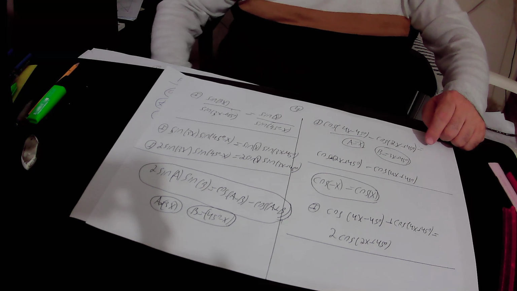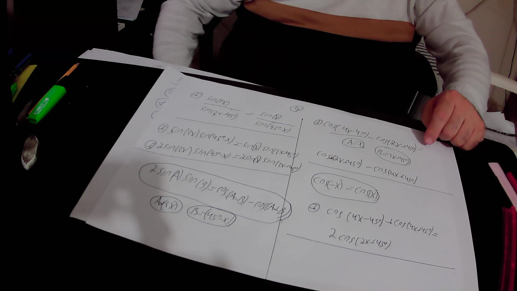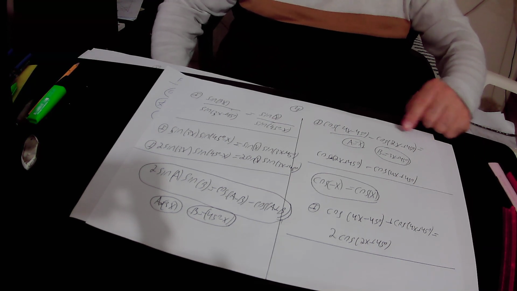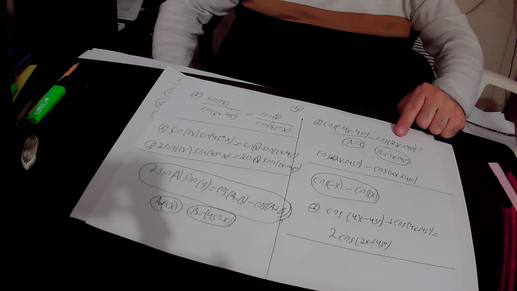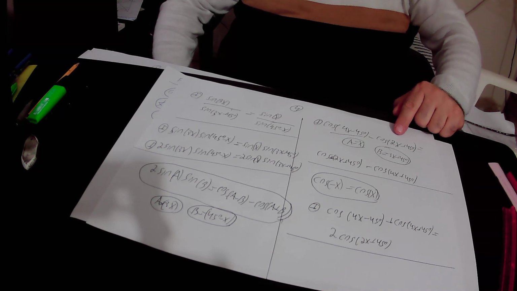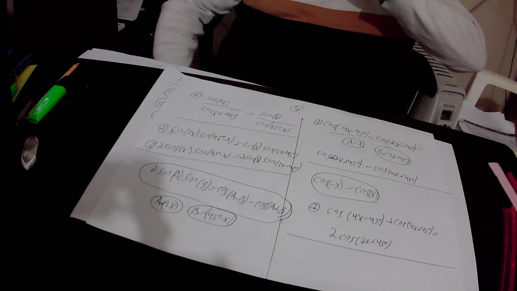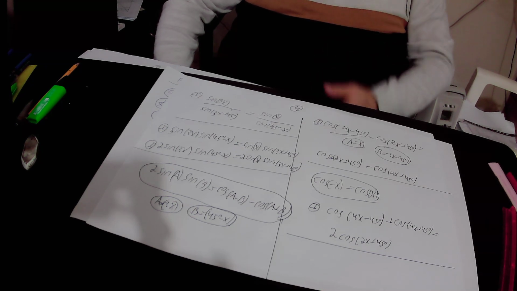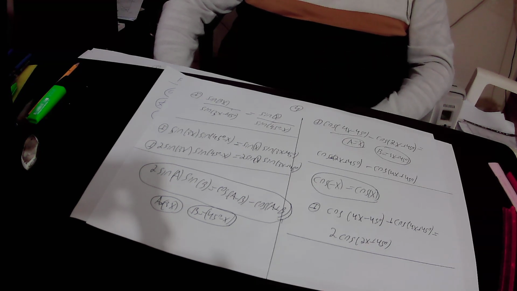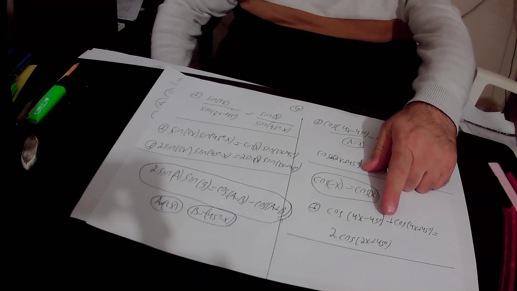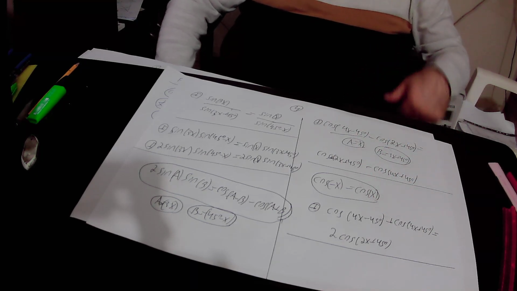We added to this equation number 1 cosine 2x plus 45 degrees, so this will be cancelled. And also we added cosine 2x plus 45 degrees, so we have cosine 2x plus 45 degrees plus cosine 2x plus 45 degrees. We will get that it equals to 2 cosine 2x plus 45 degrees.